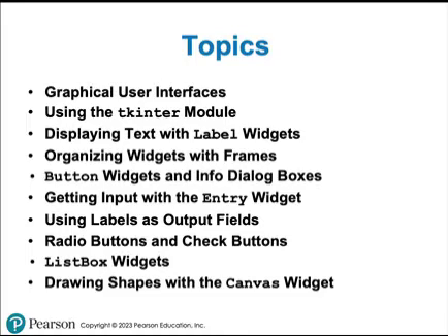We'll talk about radio buttons, check buttons, list box, again, very common components of a graphical user interface. And then we'll talk about drawing pictures. I mean, we've done a little with turtle graphics earlier in the textbook, but we'll talk about how you can draw things on a tkinter canvas widget is what they call that.